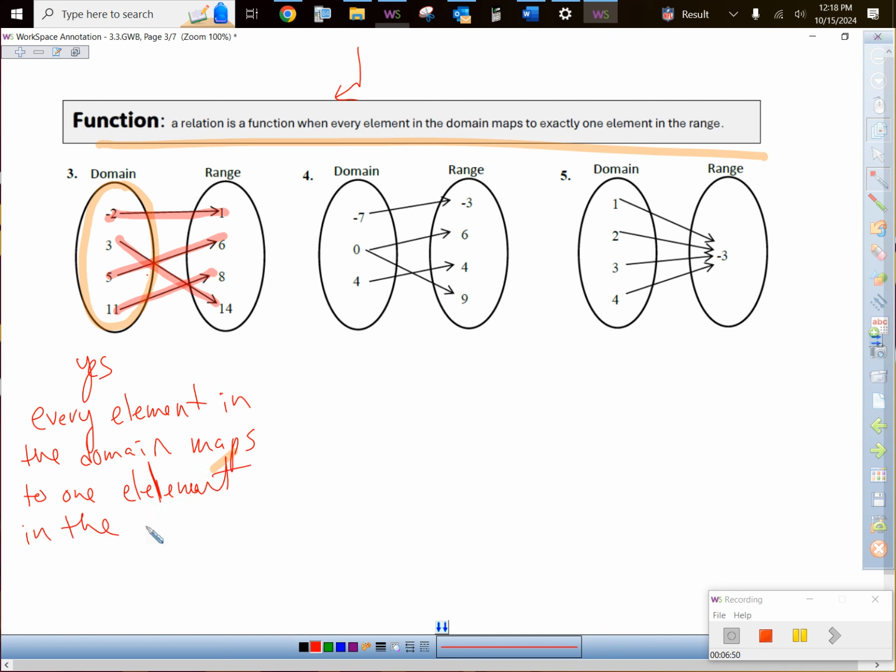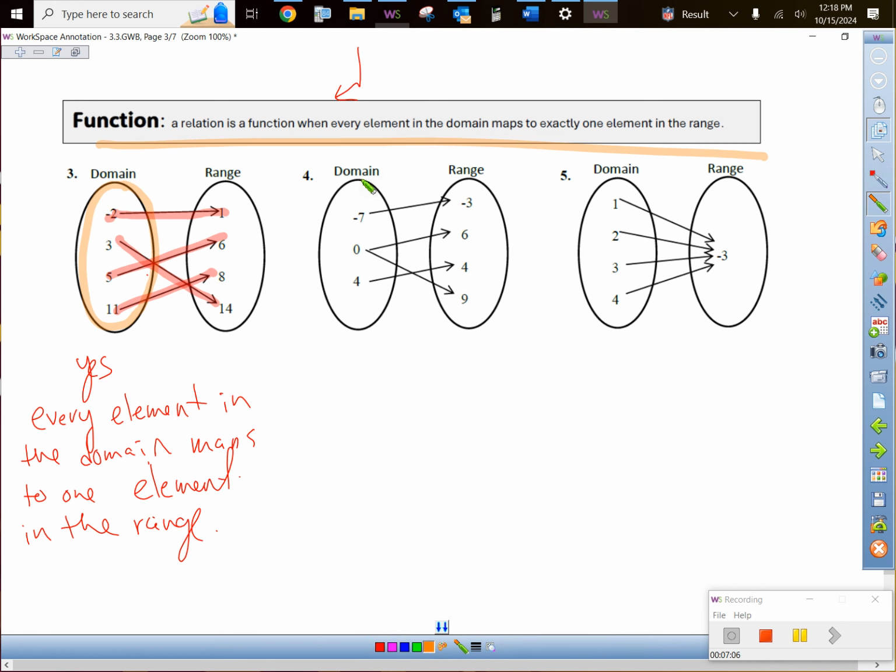I spelled element wrong, so I'll fix it. That's kind of weird, though.